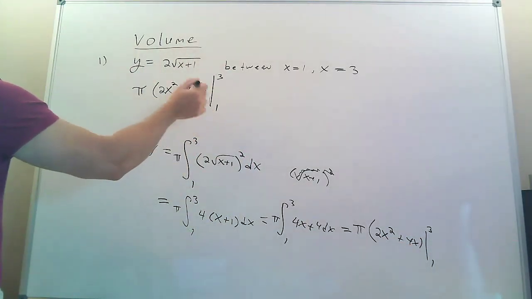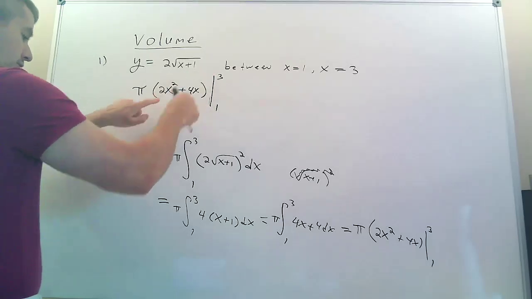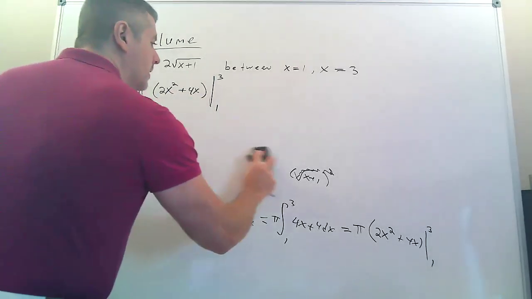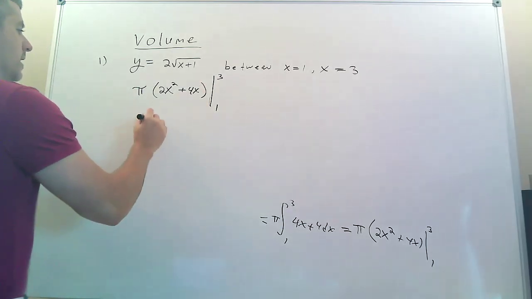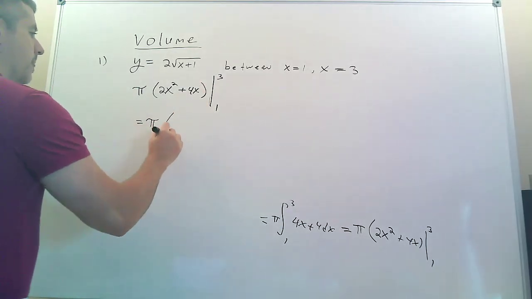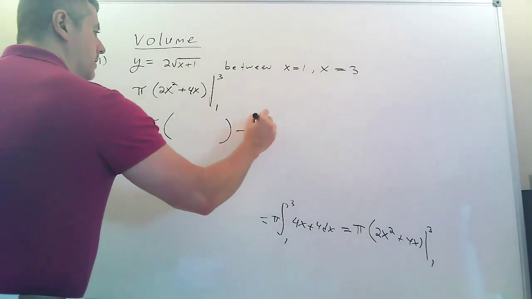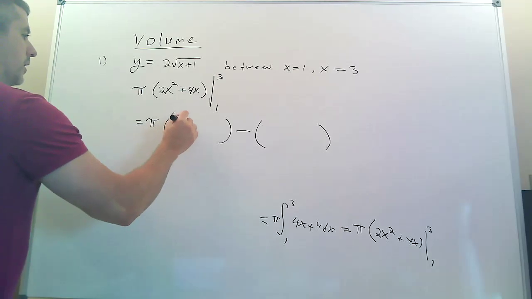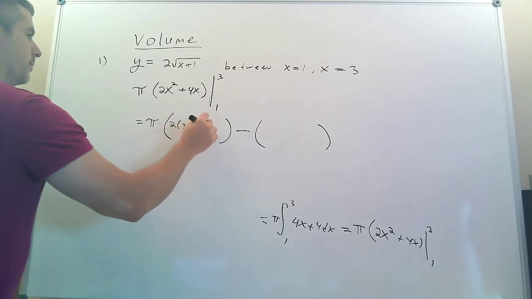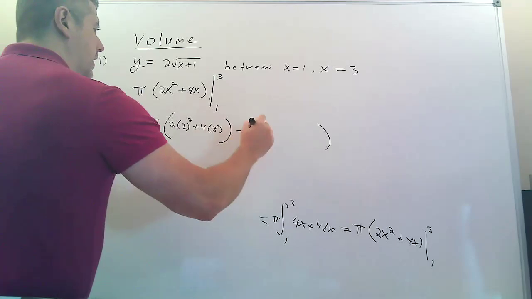This line means that you are evaluating this at those numbers and you're going to subtract them. These aren't bad to figure out. So let's see. I'm going to keep the pi again. I'm going to plug in 3 and then I'm going to plug in 1. So I plug in 3. Then I plug in 1.